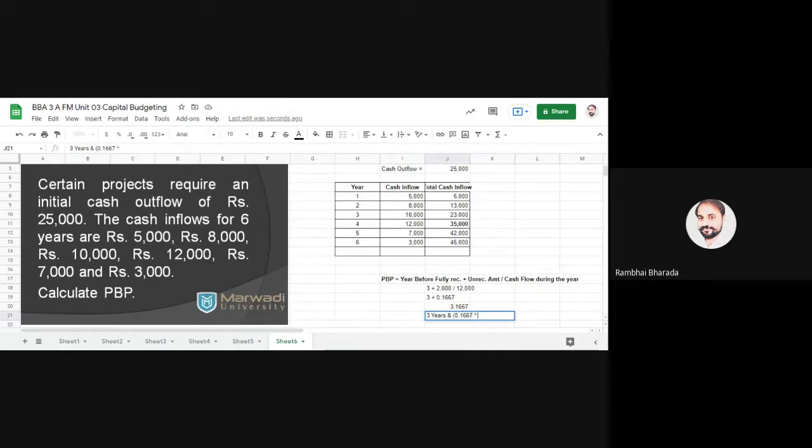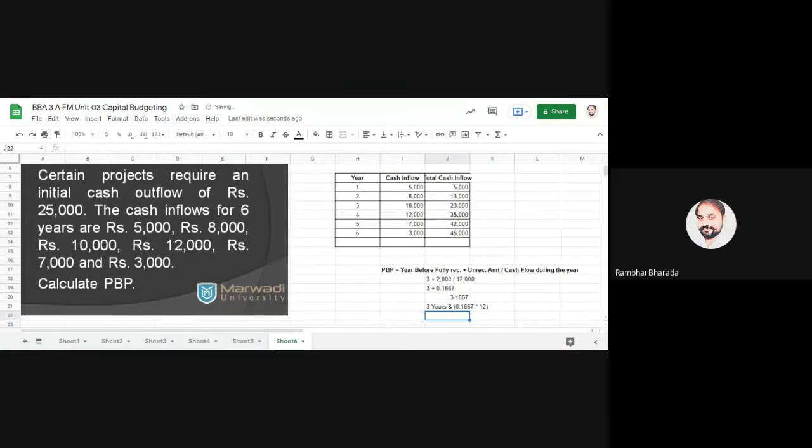0.1667 into 12. Just do the calculation. So 3 years, and whatever answer you get, that is the number of months. That may be in decimals. 0.1667 into 12 is 2.004.